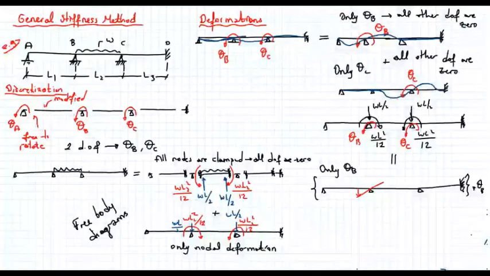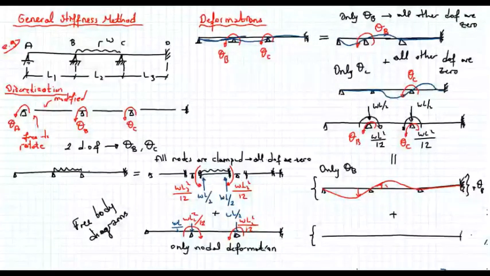This rotation is equal to unity 1, and I see the rest of the deformations are equal to 0, plus I'll just draw the same structure one more time, times theta c, pin, pin, pin, and I have a unit rotation right here, and the deformed shape will look like this.